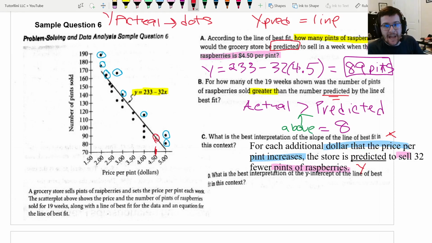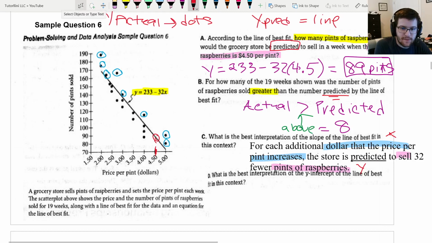So it goes down by 32. So that's kind of the idea. If it were positive 32, maybe we would say they sell 32 more pints of raspberries, something like that. Again, this would be easier with answer choices in front of you.